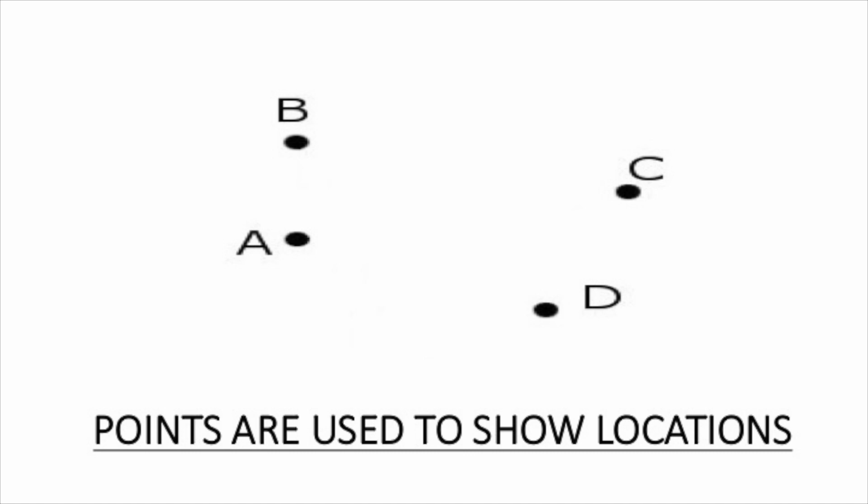Point A, point B, point C, point D. You see why it's important to give every point a different letter? Because if I said to you guys, "Can you go to point A?" but we had 4 point A's, you wouldn't know which one. But now we've got A, B, C, D. If I say, "Go to point C," you know which one to go to. That's why it's important for every point to have a different reference.